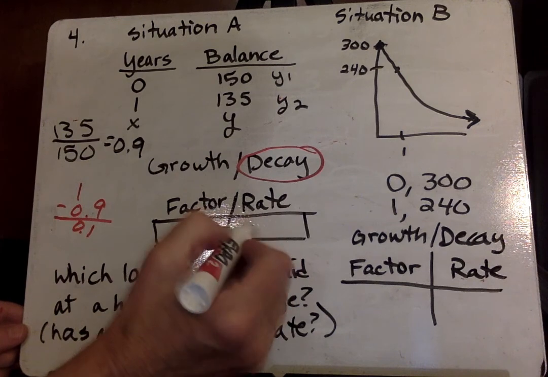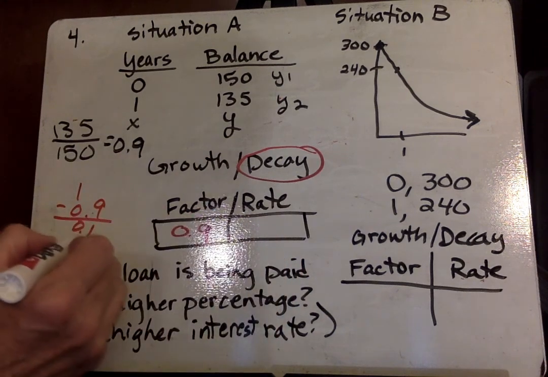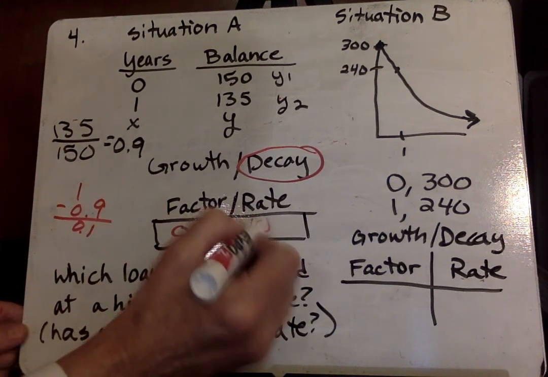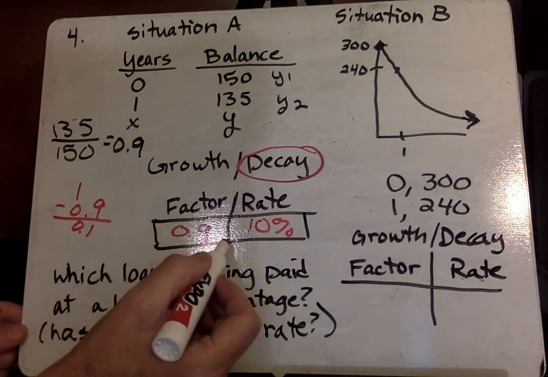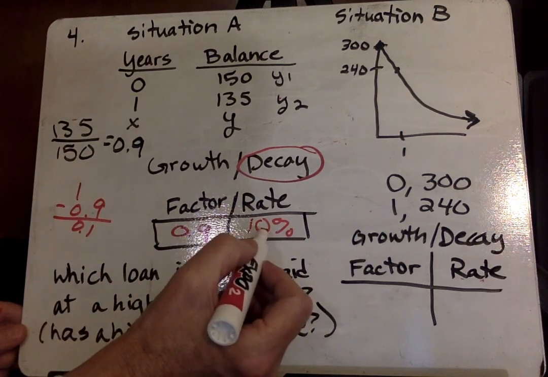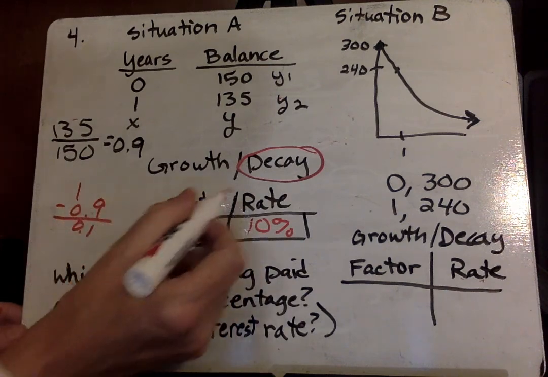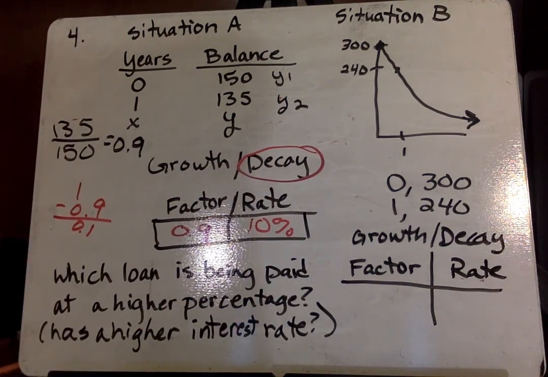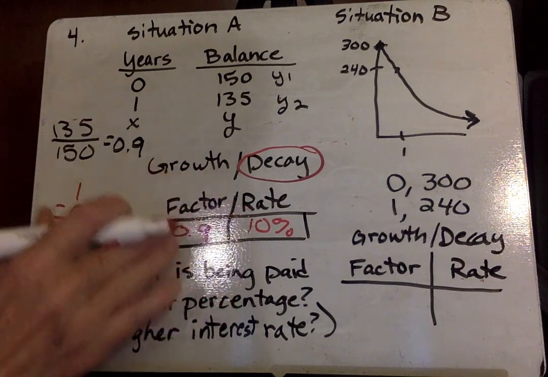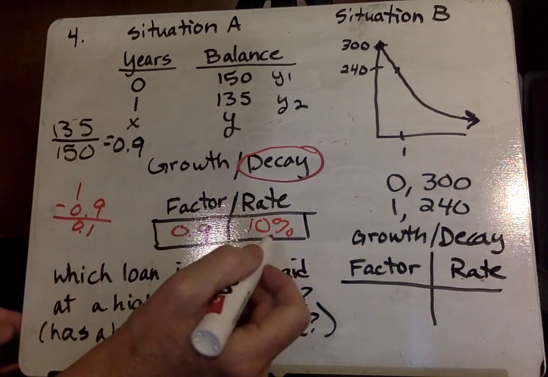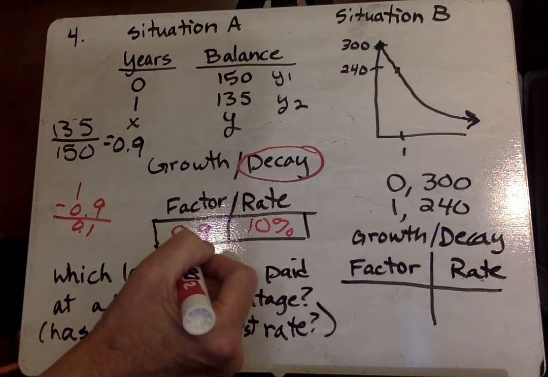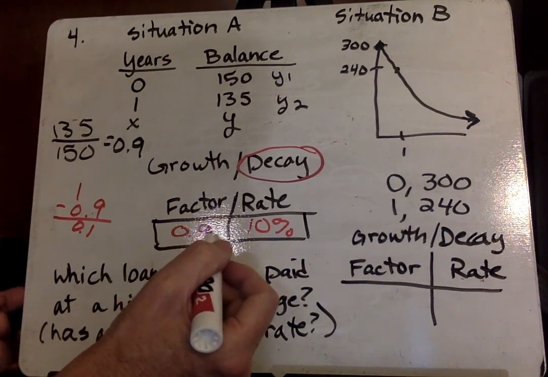So our rate is 0.1, change it back to a percent, our rate is 10%. Remember, we move it over twice. 90% plus 10% needs to equal 100% when it's a decay problem. If it was a growth problem, it would add up to higher than 100%. So this is being paid at a 10% rate, and the factor is 0.9.